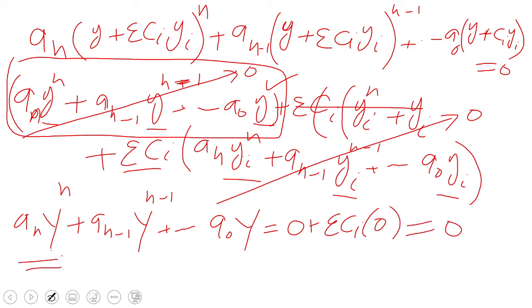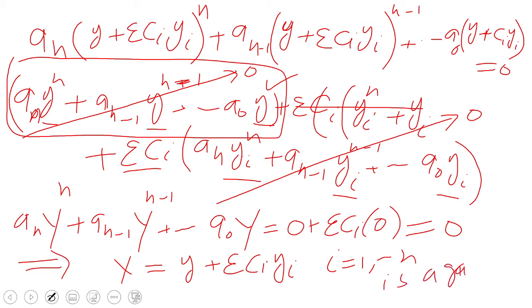So that implies that capital Y, which is the transformation small y plus epsilon ci yi, where i goes from 1 to n, is again a solution.